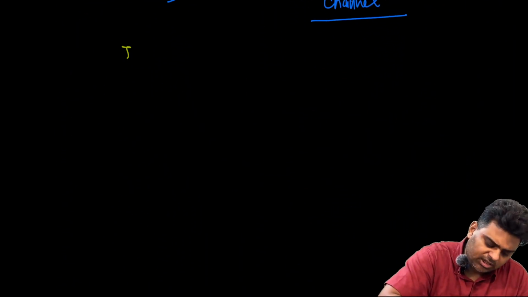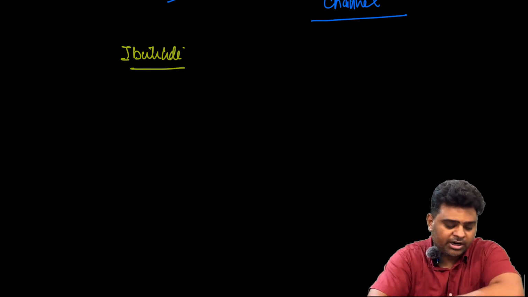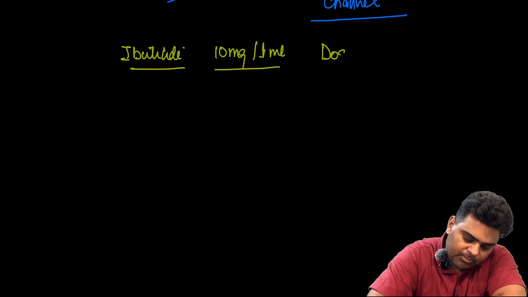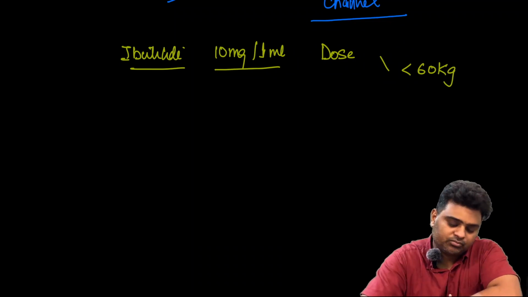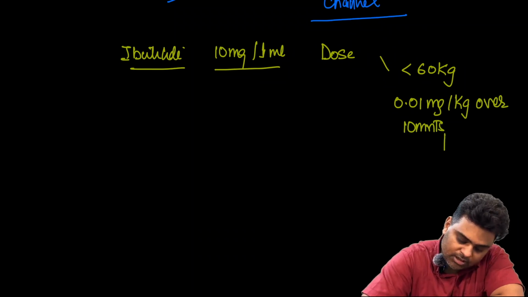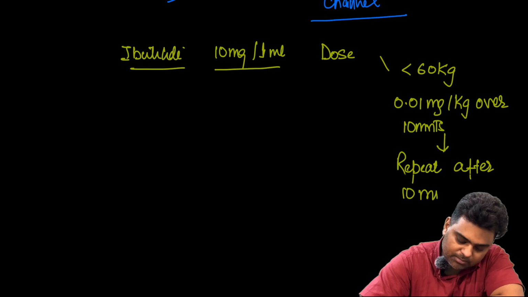Ibutilide comes in a vial where it is present as 10 mg in 1 ml. The dose of ibutilide, if the patient is less than 60 kg, is 0.01 mg per kg over 10 minutes, and you can repeat after 10 minutes.